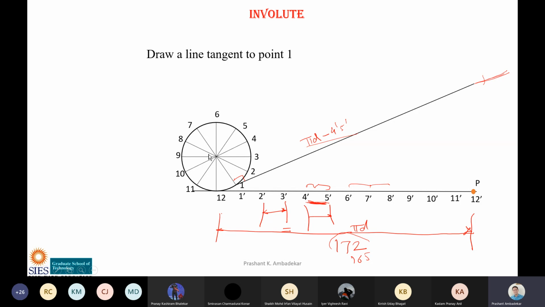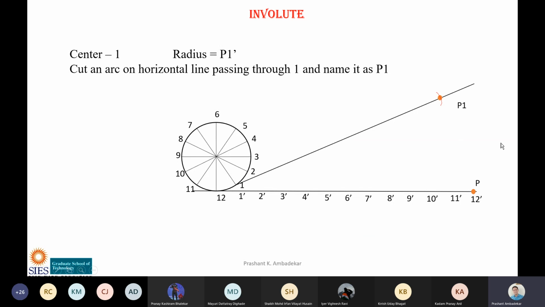Then every time this circle is rolling on the straight line, or the line is rolling on the circle, the distance between point P and the point on the circle where the circle is in contact with the line is reducing. Every time the distance is reducing. So what will you do? First the radius is P to 1 dash.